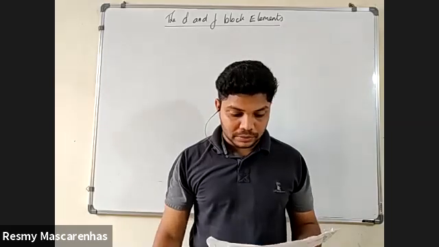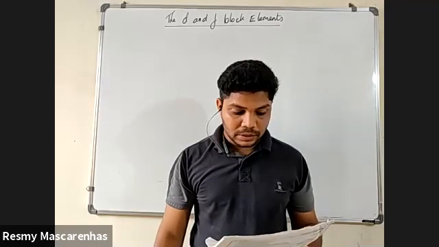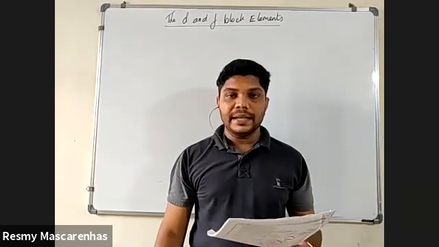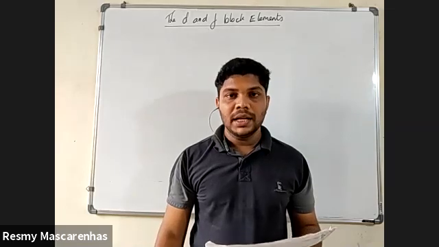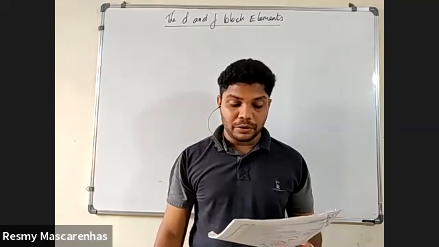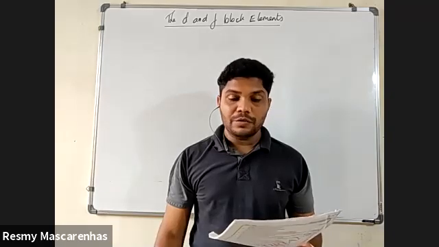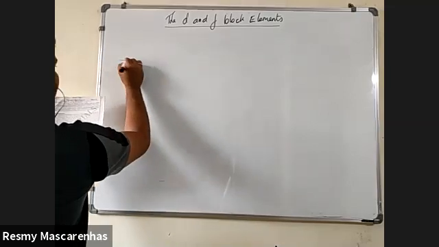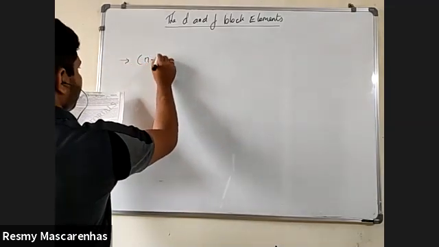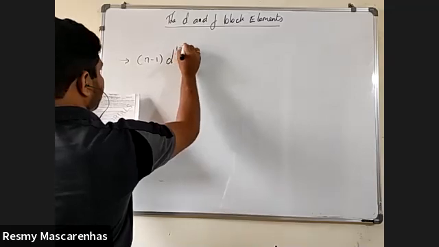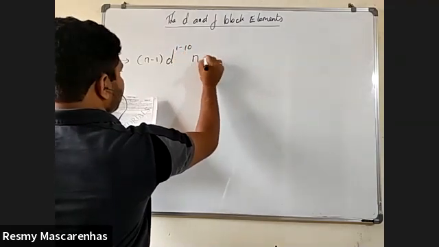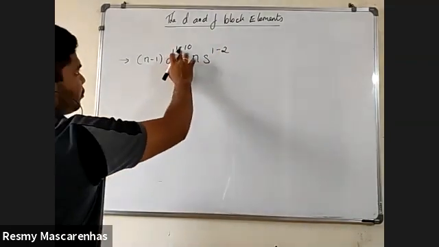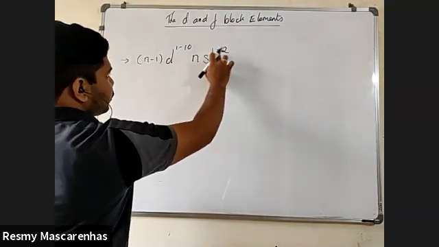Next, very important question. Write the general electronic configuration of d block elements. Your answer is (n-1)d 1 to 10, ns 1 to 2.